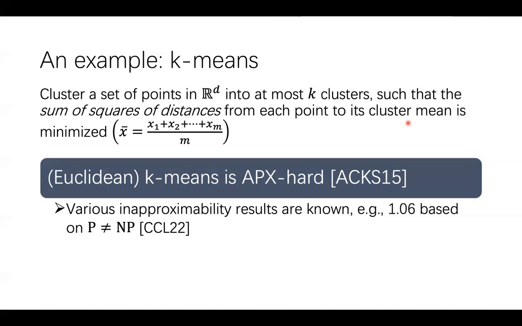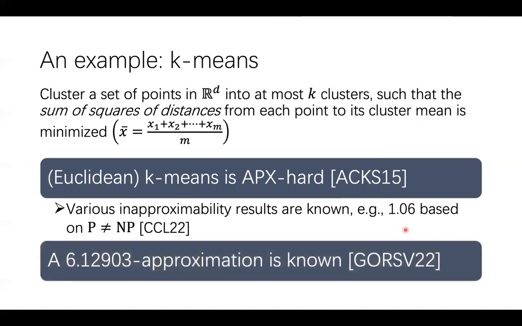And there are also various inapproximability results for continuous Euclidean k-means. For example, it has been shown that it is impossible to approximate this problem within a factor of 1.06, based on the assumption that P is not equal to NP.